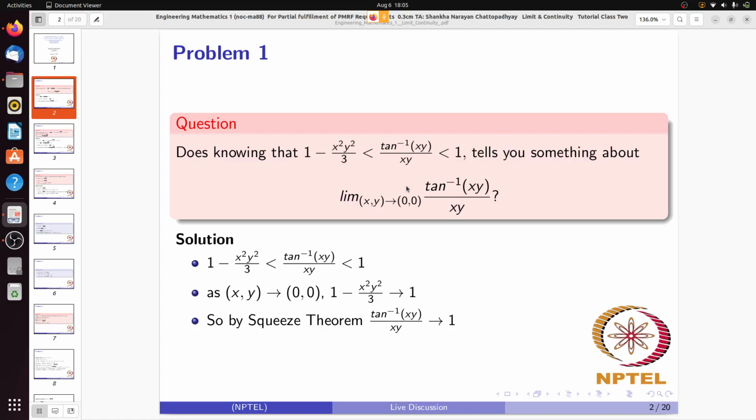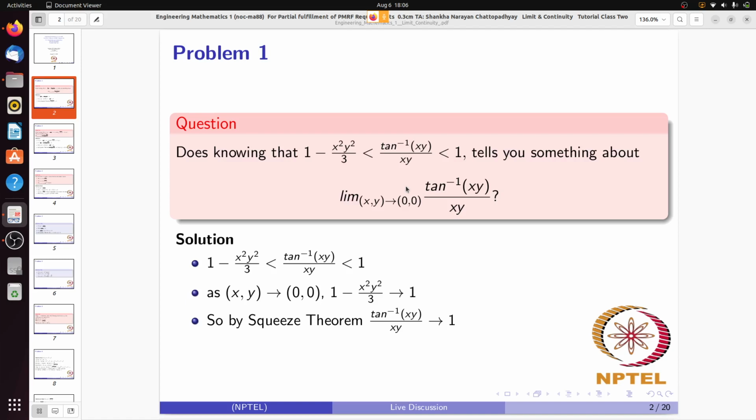So problem number 1. Knowing that 1 minus x square y square by 3 is less than tan inverse xy by xy, which is less than 1, what does it tell you about the limiting value of tan inverse xy divided by xy as (x,y) tends to (0,0)?